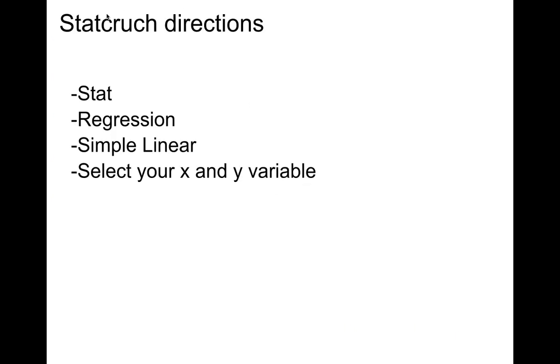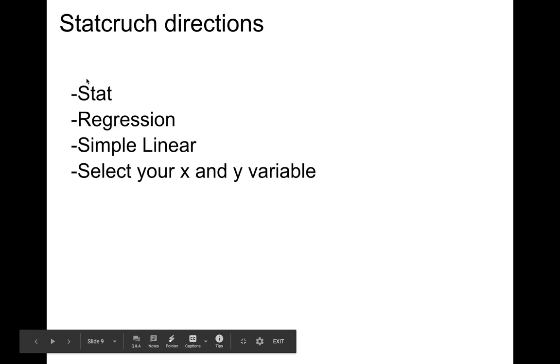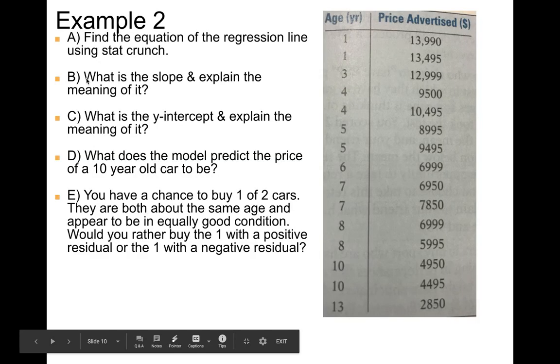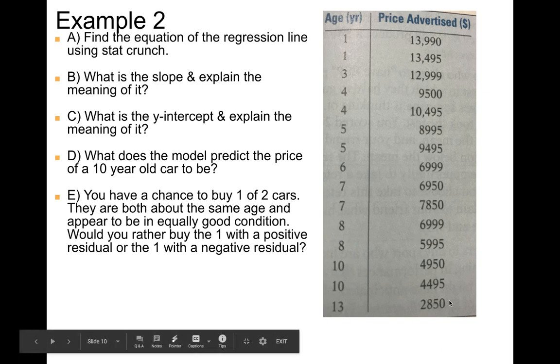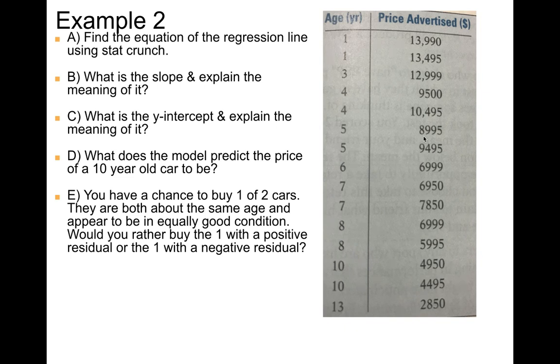And again, I'm going to do this on StatCrunch. So I have my data here, and this was the same thing I was talking about before, age and price. Actually, in this case, it's not the age and price of a home, it's the age and price of a car.